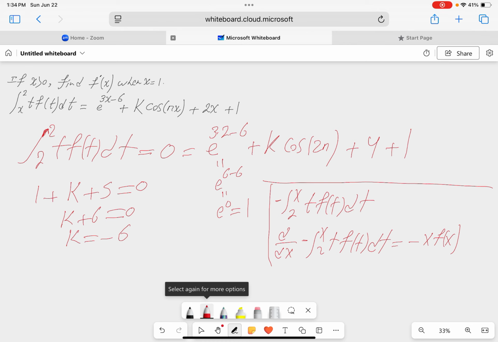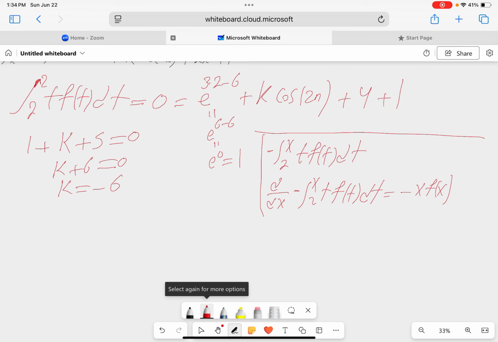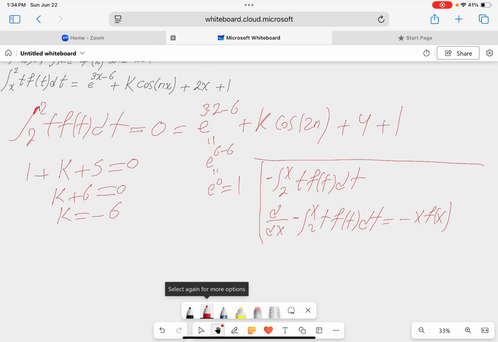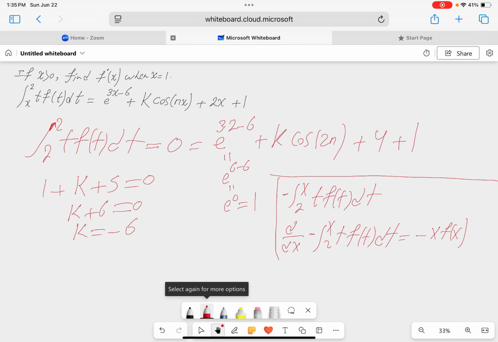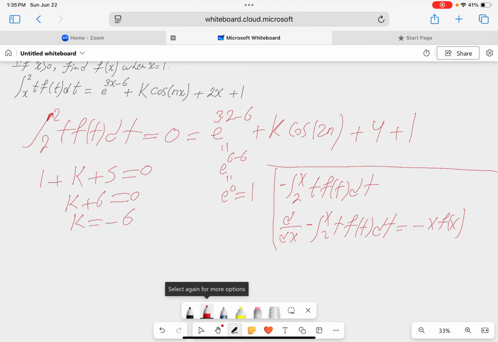Now remember, when you're taking the derivative of one side, you have to take the derivative of the other side of the equation as well. So let's take the derivative of the right hand side. I'm going to write it right here.